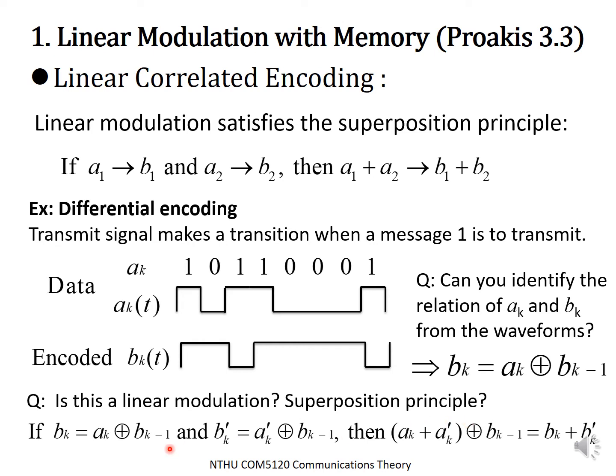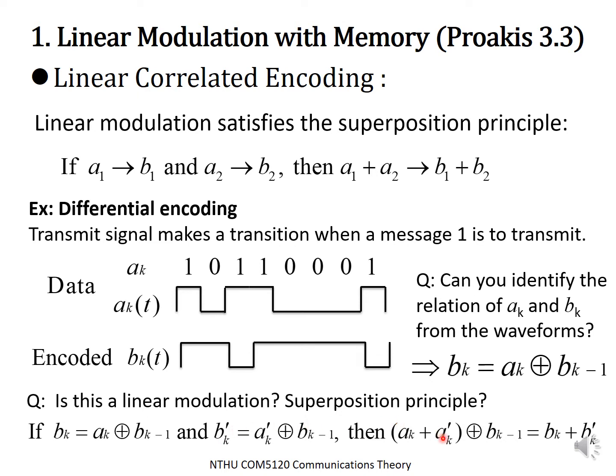As we can see, if AK is the input symbol, that produces BK. And if AK prime is another input symbol, that will produce BK prime.